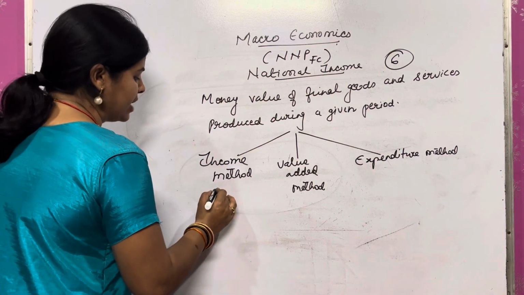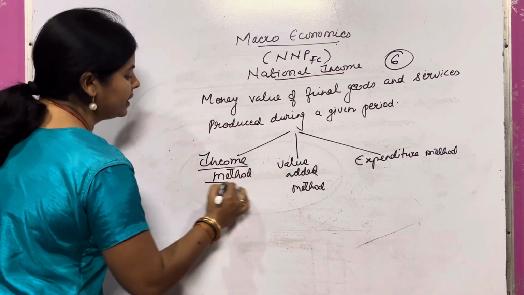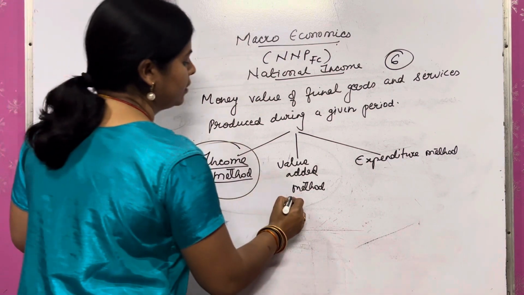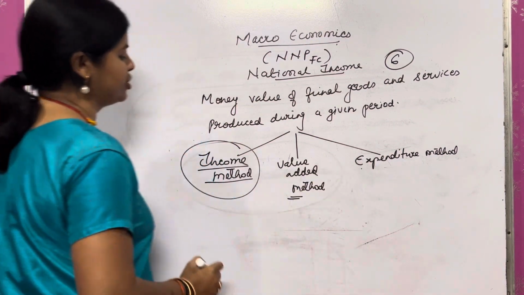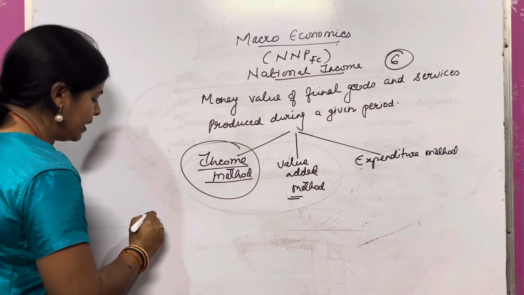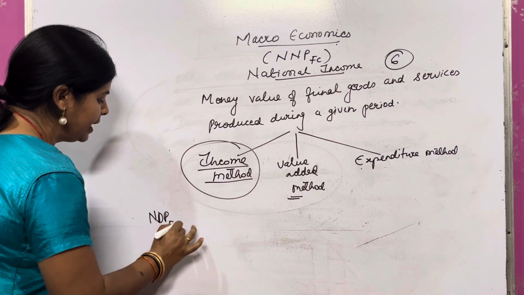Today I will teach you the income method, and tomorrow we will go through the value added method and then the expenditure method. Through the income method, we get net domestic income, NDP at FC.